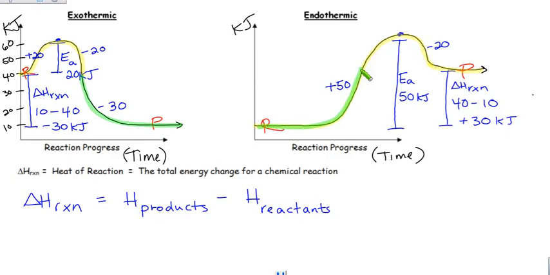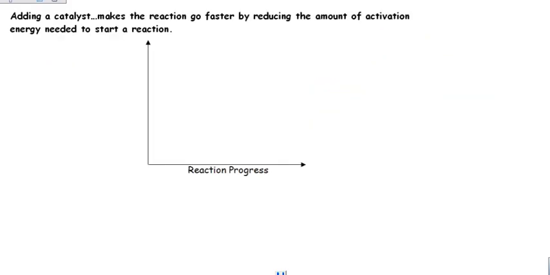Now the only other thing we should mention about these adorable little graphs. There it is, a catalyst. You've heard of a catalyst, something that makes a reaction go faster? Yep, it does. Here's how it works. Let's say I got a reaction.